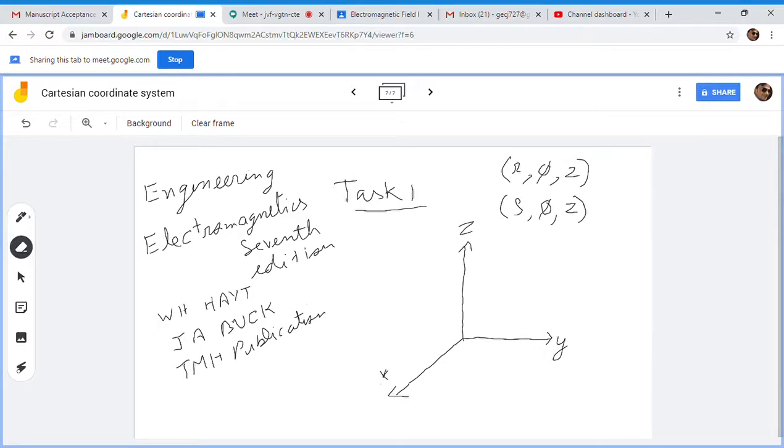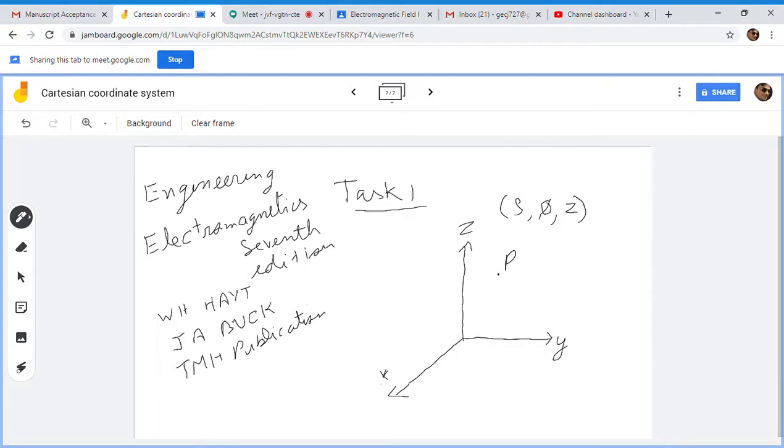I will rub this out. Now we will consider rho, phi, z to be our three coordinates. Where rho is defined, if there is a point P.